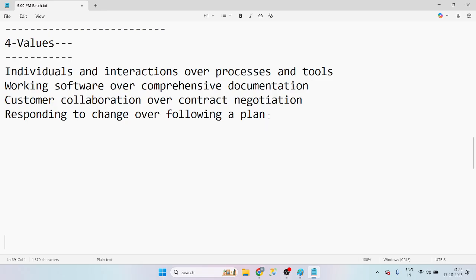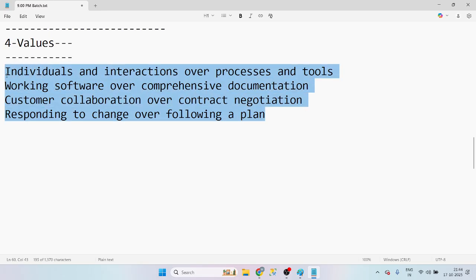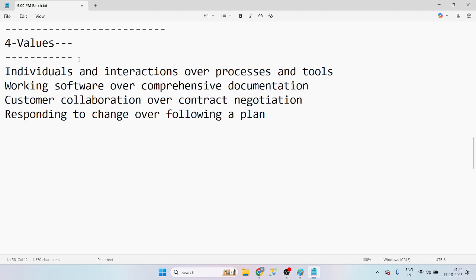Do you find anything that is repeated in these four values, guys? Any word? Just find it out and tell me. Quick. Over is common, right, in all the four?